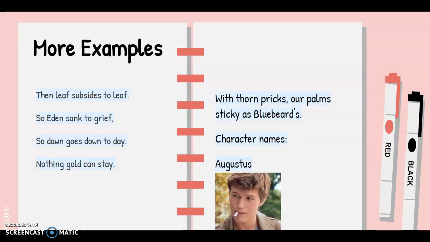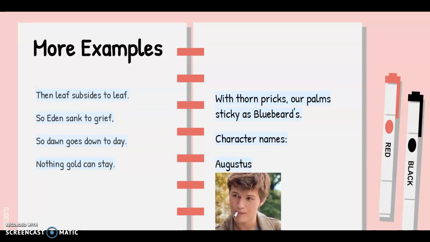So let's look at a few more examples. Here's an excerpt from a poem by Robert Frost. "Then leaf subsides to leaf, so Eden sank to grief. So dawn goes down to day, nothing gold can stay." So if we take a look in that second line at this reference to Eden. This is a reference to the Bible, Garden of Eden, but even if you've never heard of it, the fact that Eden here is capitalized signals to us that this is a proper noun. So it's either a person or a place. And that can tell us, because it's a proper noun, and it's not being explained anywhere else, that this might be an allusion.